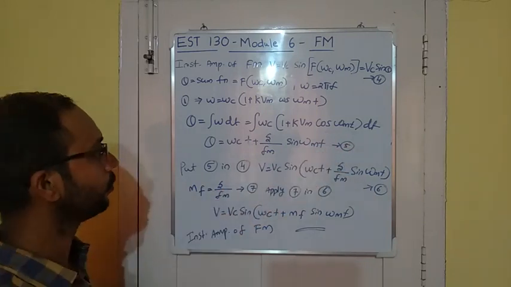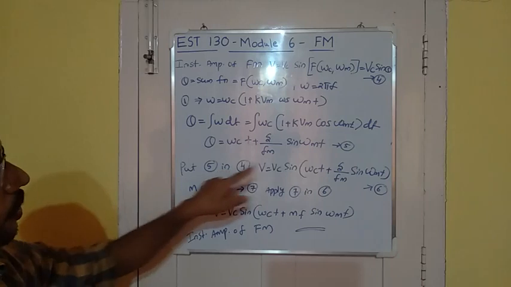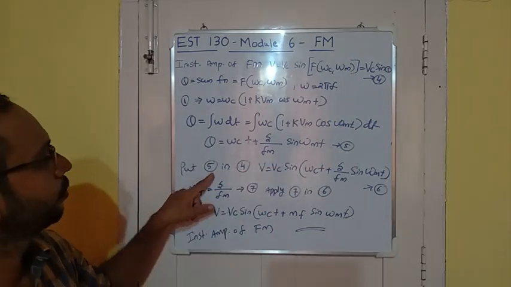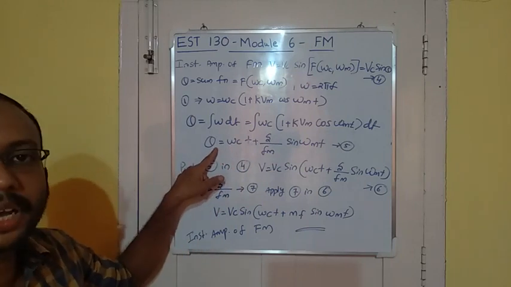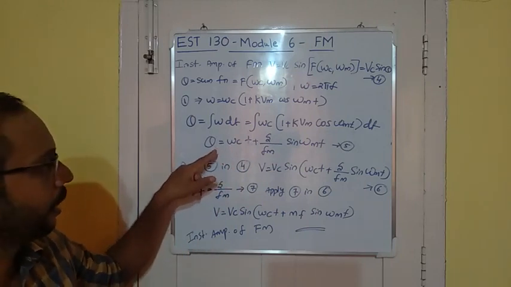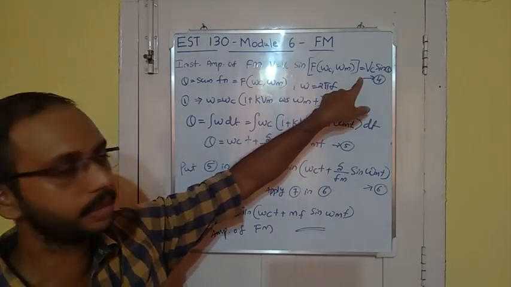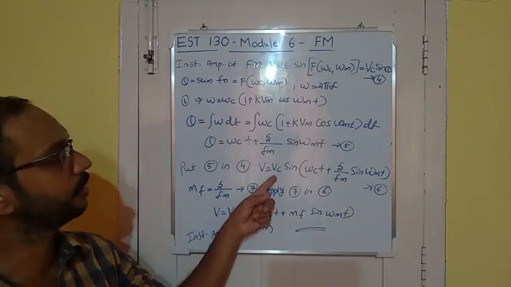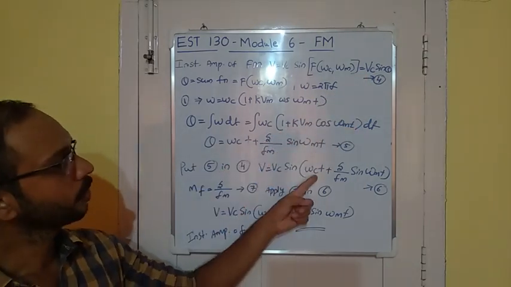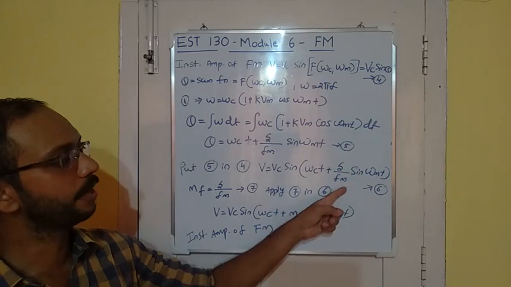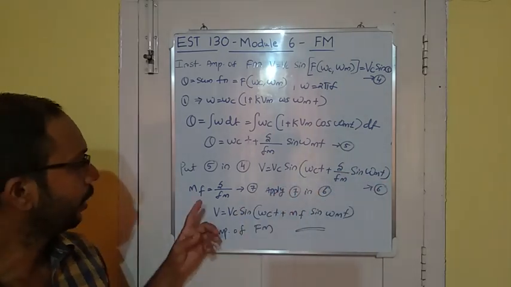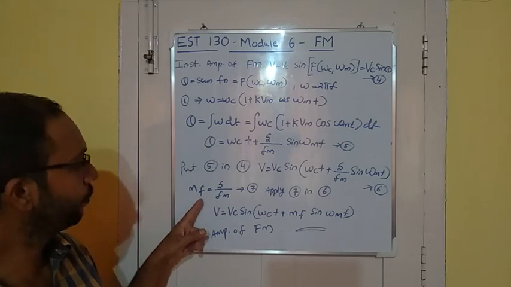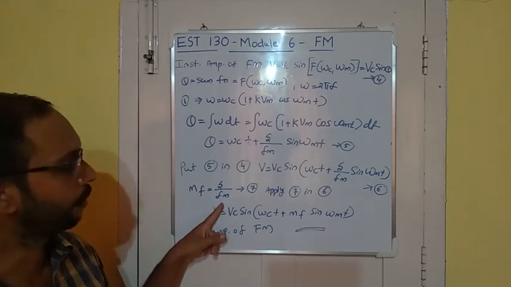So put the fifth equation in the fourth equation. So here we calculated theta, apply the value of theta in this equation. So we will get V is equal to Vc sin(omega c t plus delta by fm sin omega m t). Okay, and the modulation index is mf, that is delta by fm.